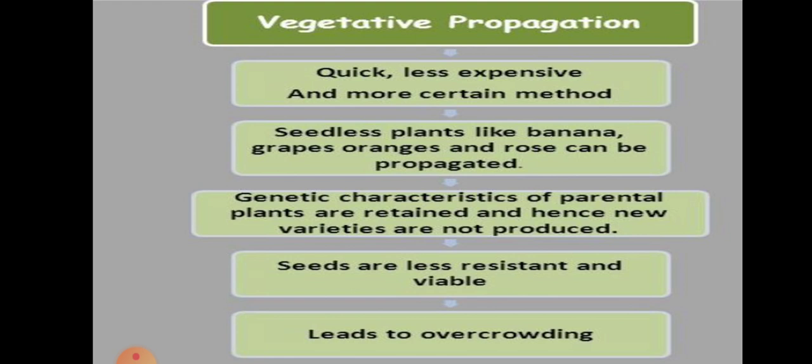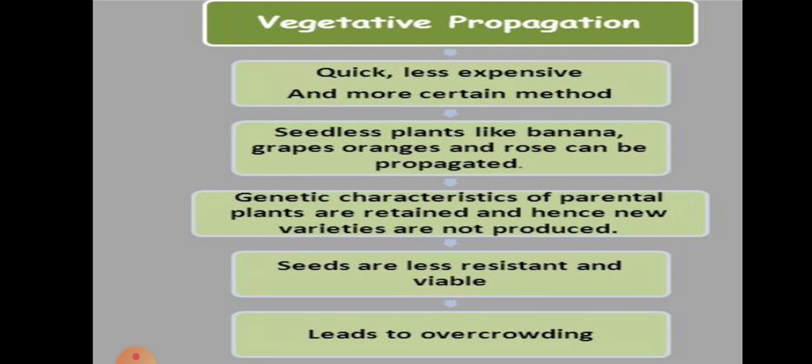Seedless plants like banana, grapes, oranges and rose can be propagated here. It is relatively cost effective and a faster technique to obtain new varieties. The technique ensures the consistency of plant variety for sale. Plants that do not produce viable seeds, such as banana, sugarcane and potato, can be raised by this technique.